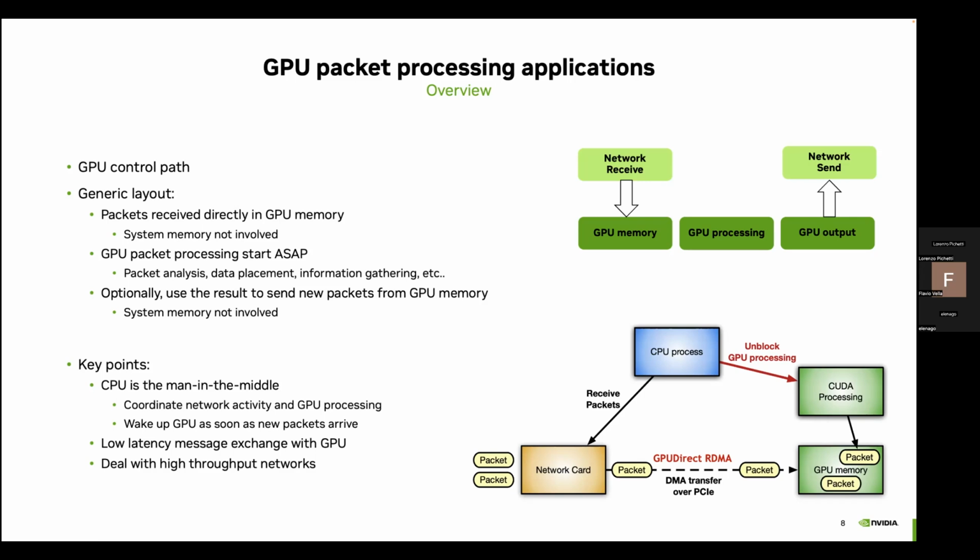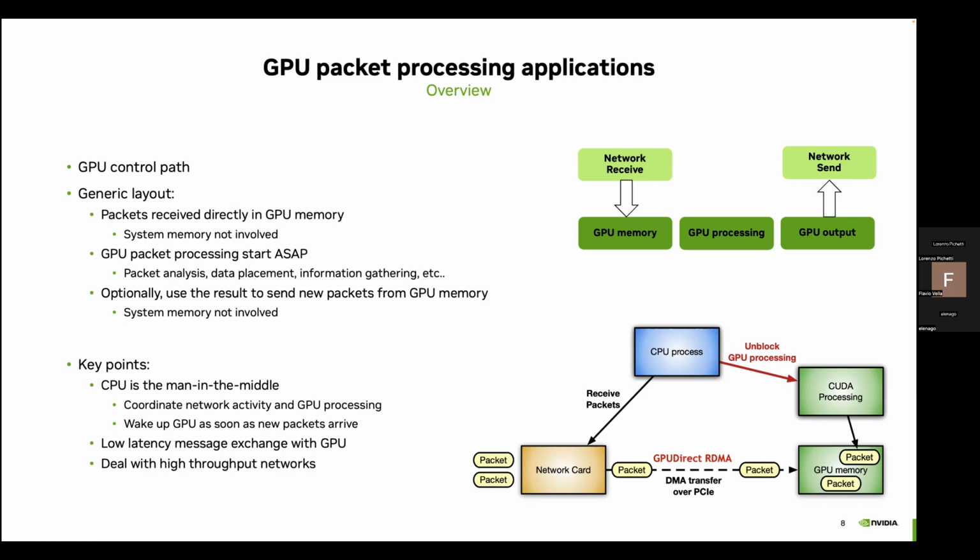Specifically, what happens? You have, for example, the CPU that is invoking the receive primitive, which means that the CPU goes to the network card, let's say, asks the network card to receive packets, and the network card receives packets thanks to GPU Direct RDMA directly in GPU memory. The receive primitive returns to your CPU process, okay, I received this bunch of packets, they are here in this memory location and so on.